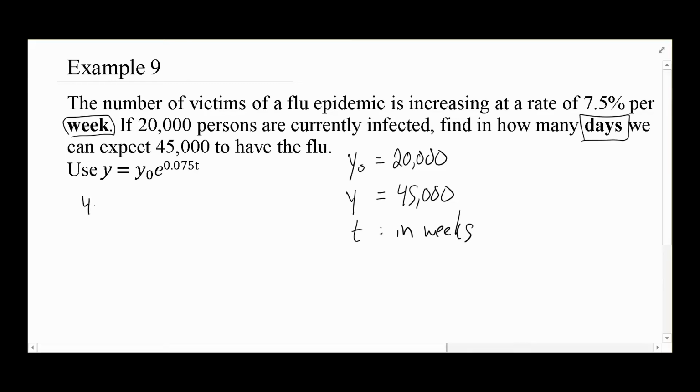So our equation tells us we have 45,000 equals 20,000 e to the 0.075t. In order to solve this exponential equation, and this is an exponential equation because we do have some number, e, raised to a variable power, we want to get the exponential part by itself.